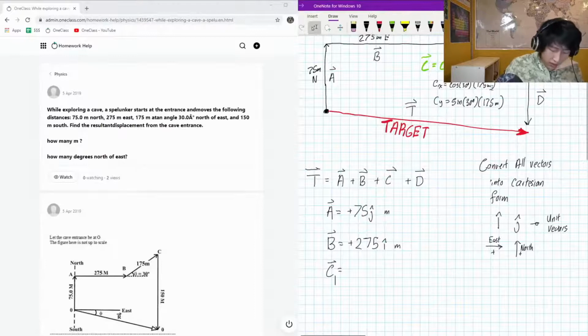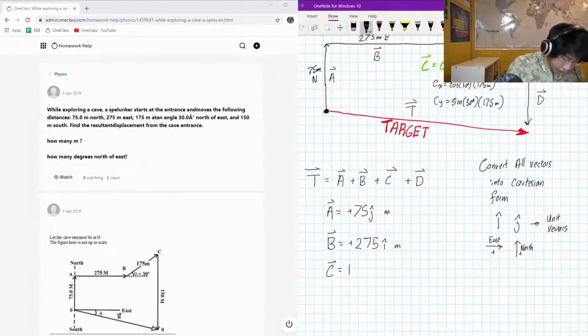Okay, so let's write out C as a complete vector here. We know that the x component is going to be cos 30 times 175. Let's get that as a calculation fast. My cosine is not that quickly done in my mind, so I'm going to use the calculator for that. And I got 151.55, and this is in the east direction, so it's going to be positive.